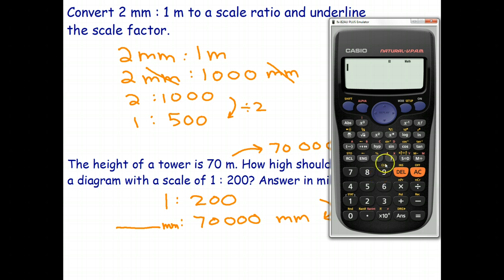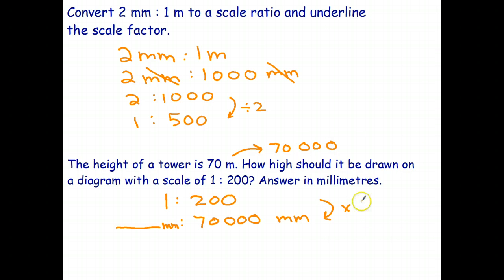Well, I can go ahead and work backwards to find that number. 70,000 divided by 200, and I'm multiplying by 350, and therefore I have to multiply by 350. And therefore, if we want it to actually be 70,000 millimeters, the scale drawing with this ratio here has to be 350 millimeters.